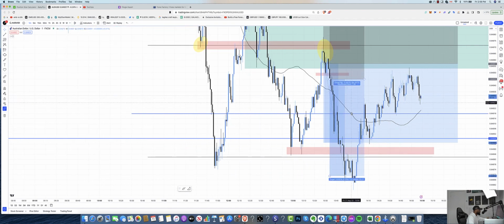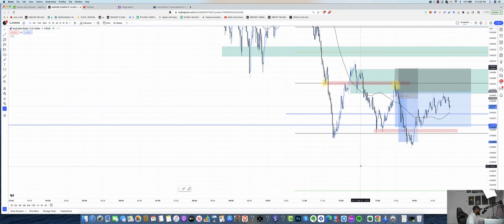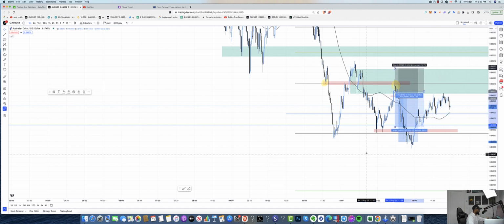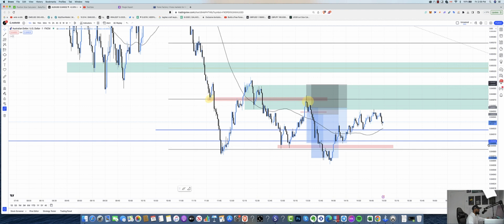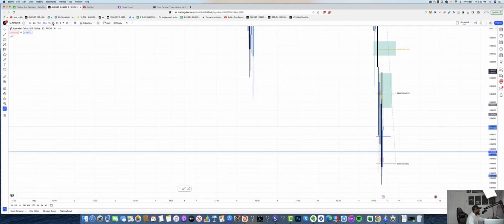And then we closed our second order down here. So, scaling in with both of the trades, we were able to make 1% on this trade, which was great. So we were able to end the day today on a green note, able to pull some money out of the markets. So that was a great opportunity that we had.